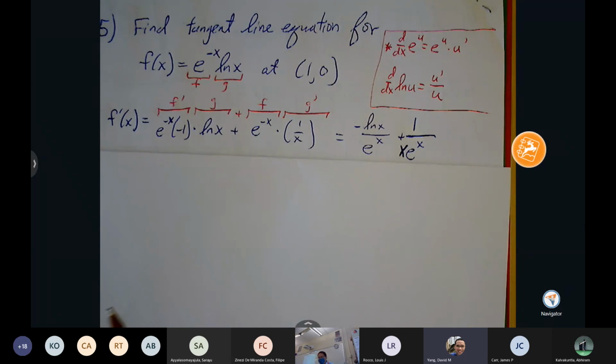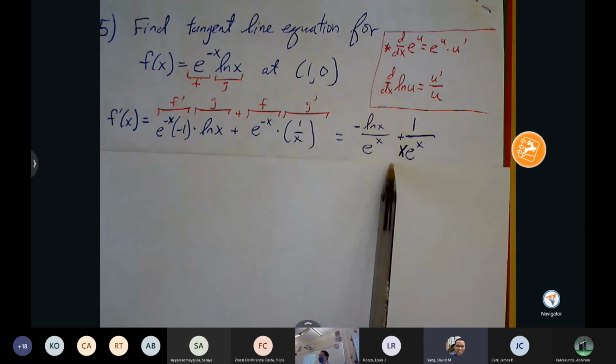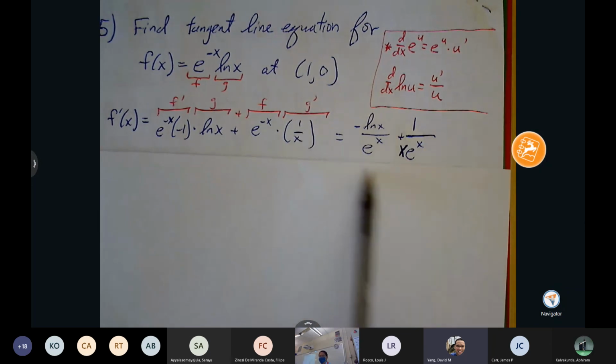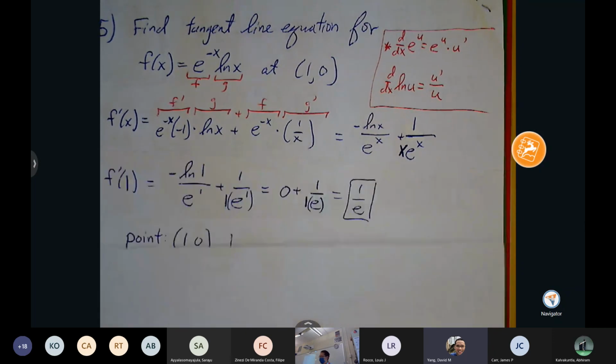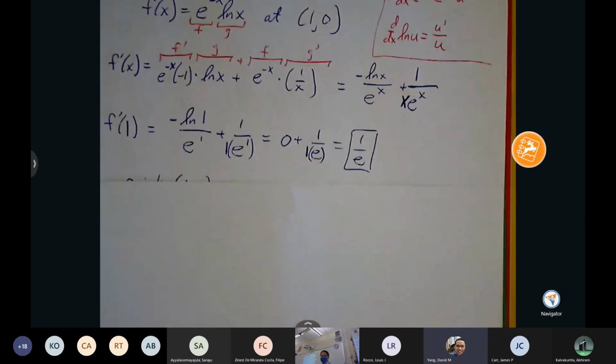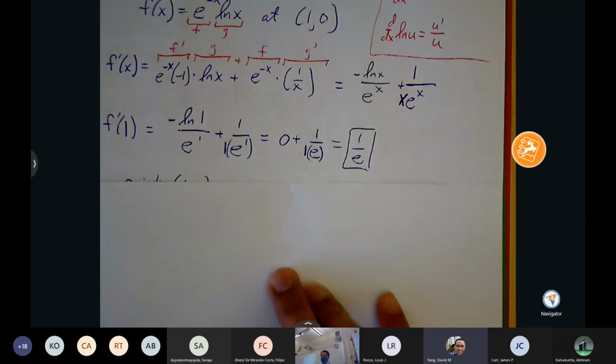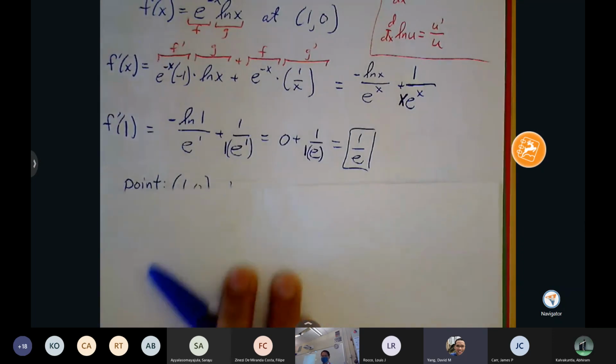Right, but we need to find the slope. That's our tangent line equation. But how do we find the slope value? Plug in the 1 into the derivative. This is our slope formula, so plug in the 1 to get the slope. And then point slope.